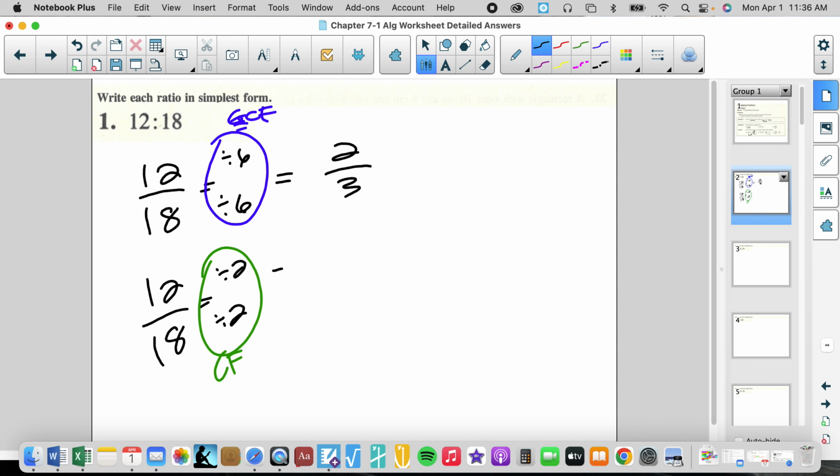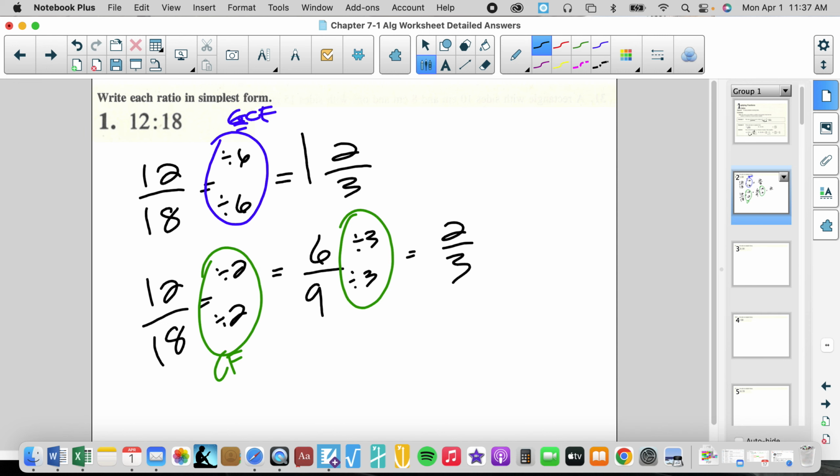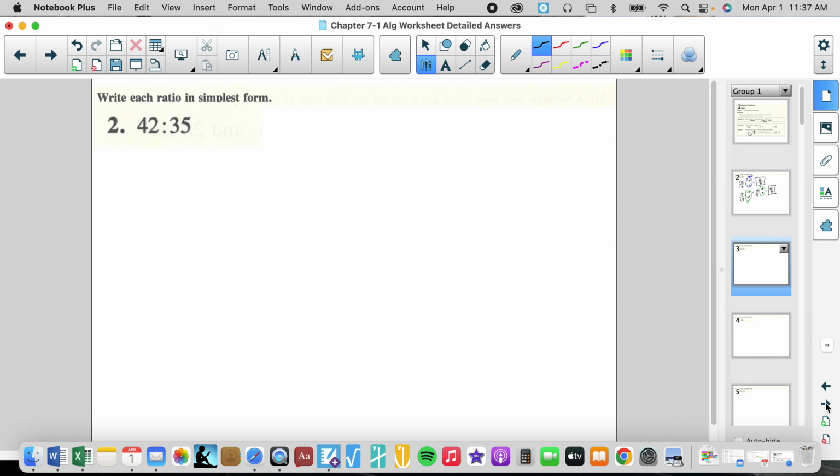Now, a common factor will reduce it, but it doesn't reduce it completely, meaning we would have to reduce this one more time by 3, which is a common factor again, and you get 2/3. So there's 2 ways of going about doing it. One is more efficient than the other, but both techniques will get you to the simplified version.